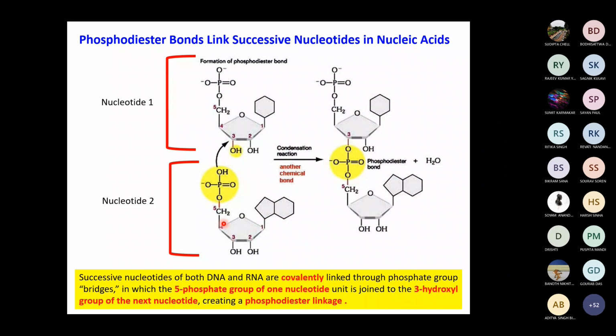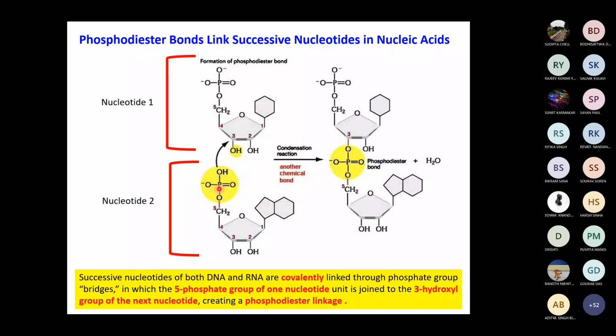The 5th carbon of one nucleotide has a phosphate group and the 3rd carbon of the other nucleotide has a hydroxyl group. So there will be another condensation reaction. What happens in condensation reactions? One water molecule is released. So this phosphate and this hydroxyl group form a phosphodiester bond with the release of one water molecule.